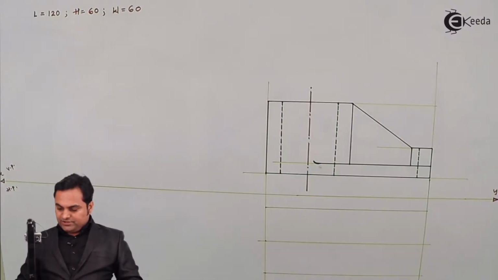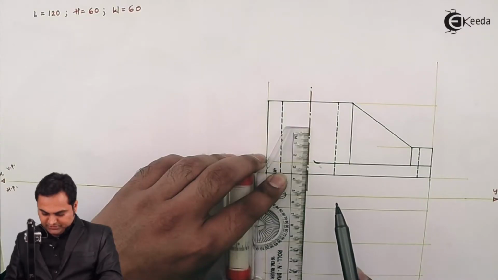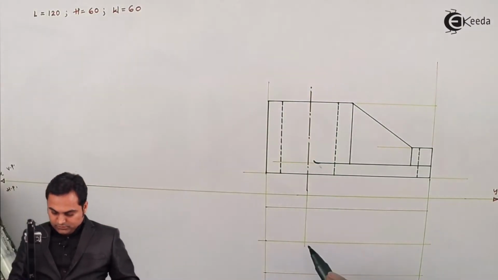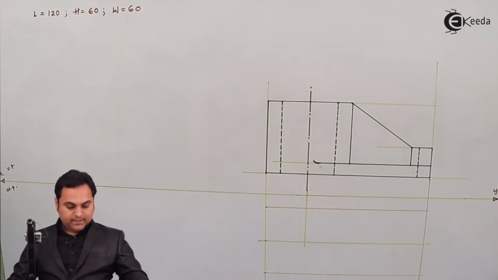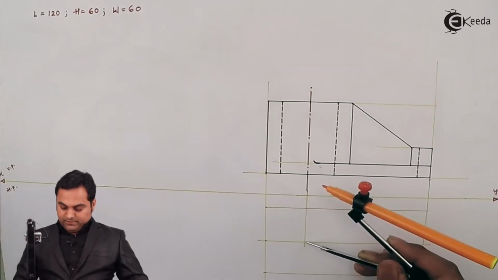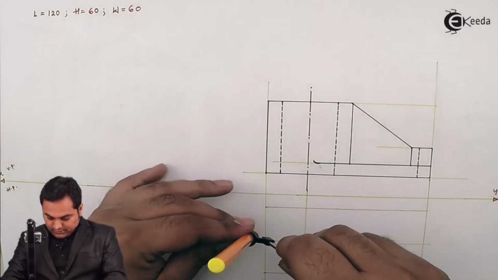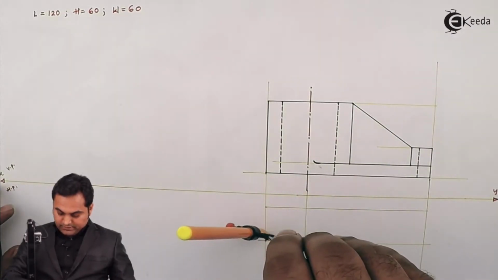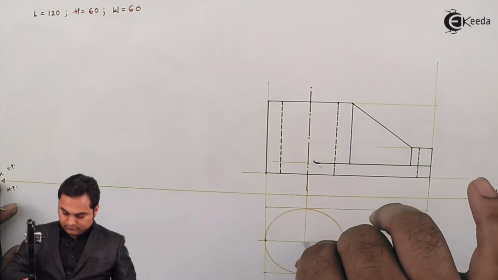So here I'll draw the circle of the cylinder which is visible from the top, so projecting the center line. Now here we get the center of that circle which we are going to draw, and radius we already have. So keeping this as the center, and here is the radius, I'll draw a light circle.